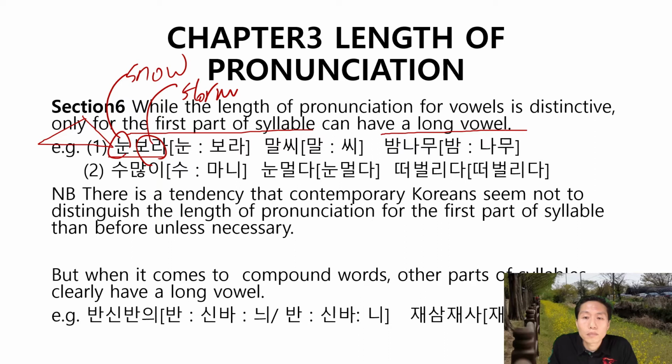And 말씨, this one also has a long vowel in the first syllable, that is 말씨. 밤나무, it's a chestnut tree. 밤 means chestnut and 나무 means tree, and it's also a compound word, and also it has a long vowel in the first syllable.